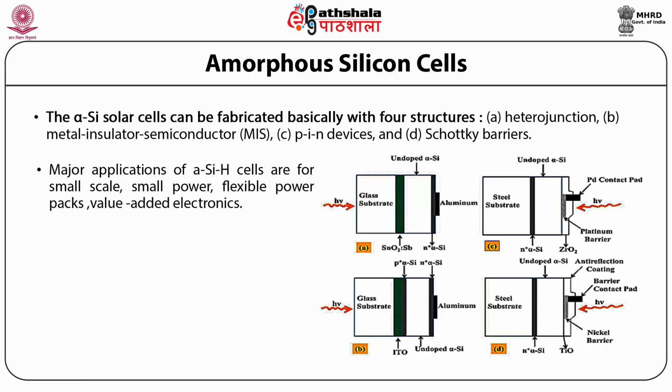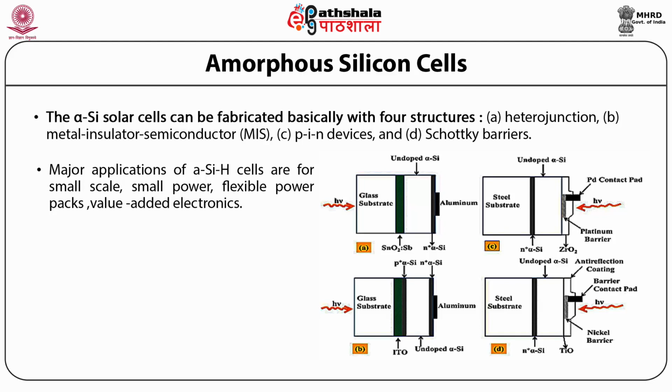These types of amorphous solar cell structures are presently used because they can be produced on large areas with good reproducibility, and the parameters responsible for the cell behavior can be controlled.